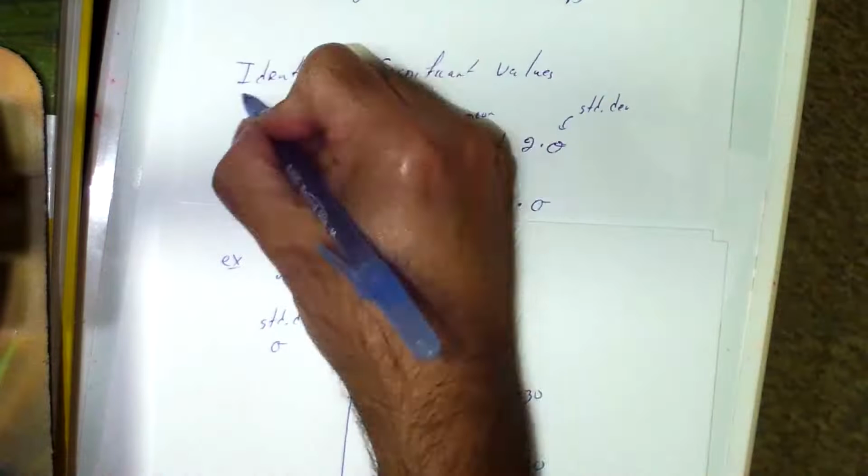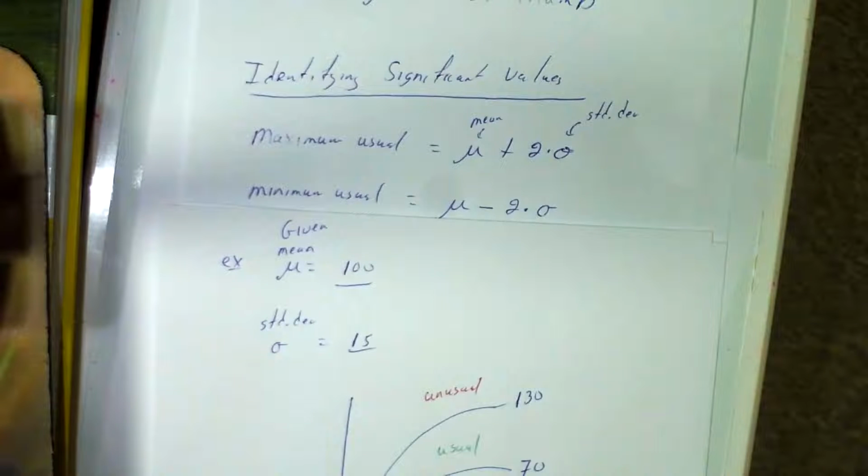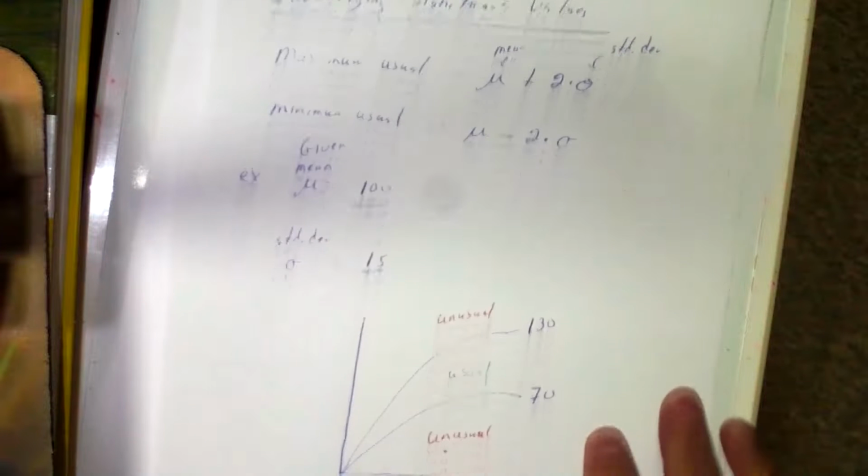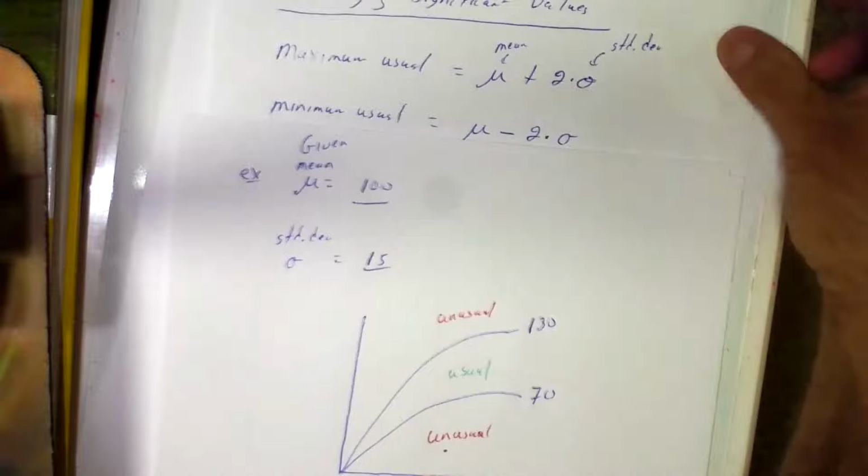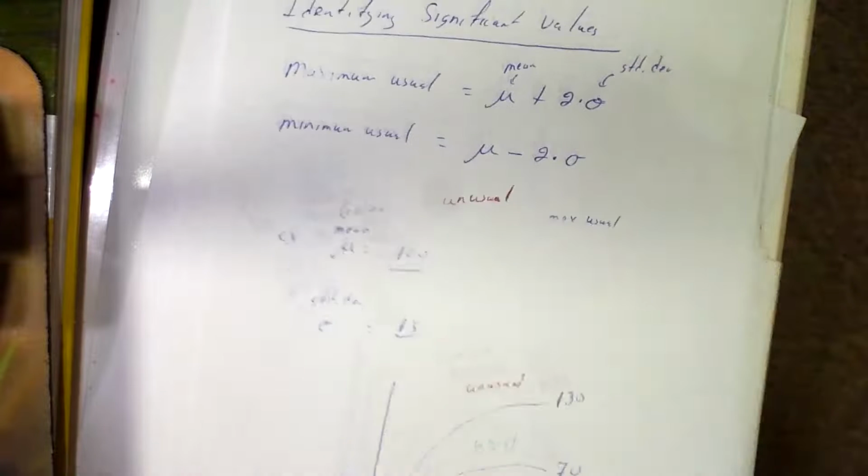These will always be given if you want to identify significant values. Okay. All right. So that's the explanation of the first feature of identifying significant values.